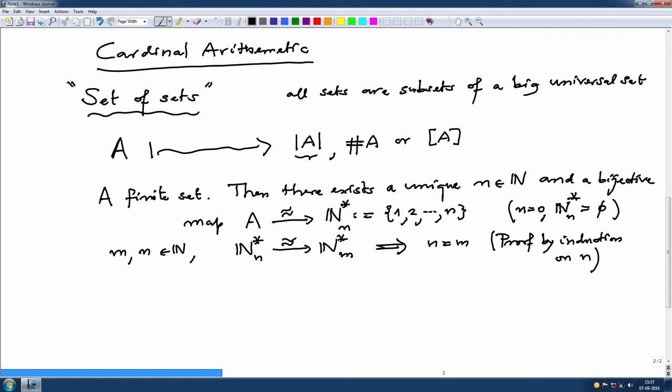So, this I want to imitate and define the concept of equipotent sets.